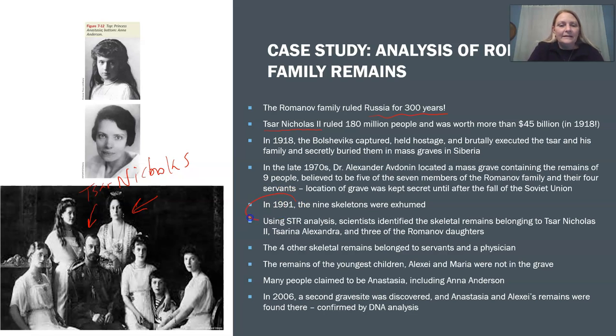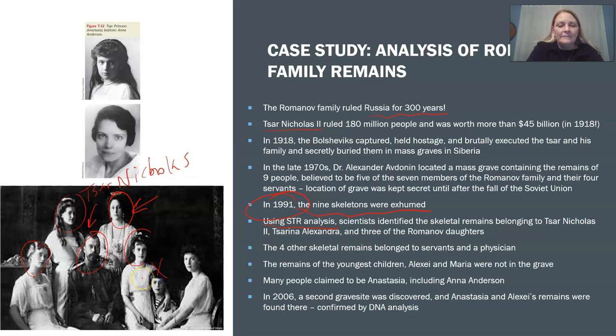So in 1991, finally, these 9 skeletons that were found were exhumed, and then using STR analysis, this whole team of anthropologists and forensic odontologists and all these people concluded that the remains were of the Tsar, his wife, and 3 of the daughters.